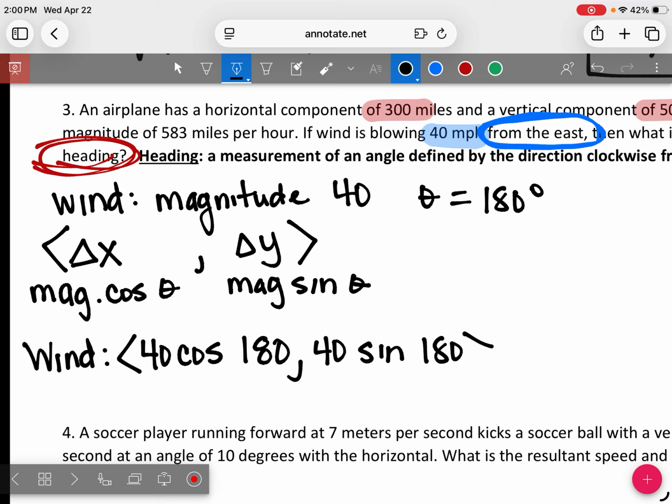So take a moment and find your horizontal and vertical component for the wind. So that gives me negative 40, 0.